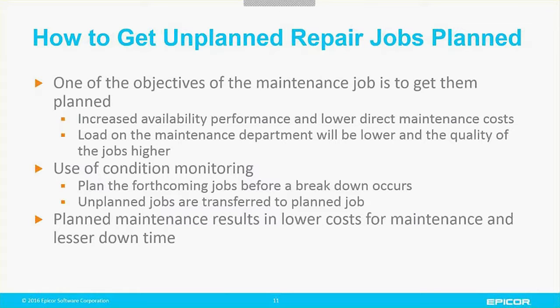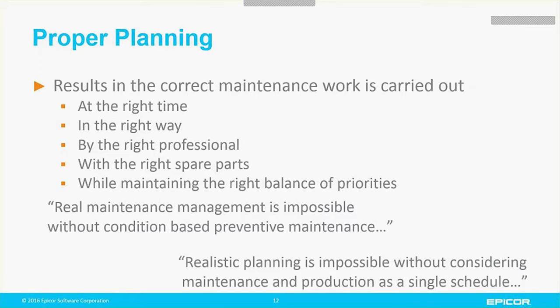Now, proper planning is all about doing it at just the right time. Not too early, not too late, not at a bad time of day. Getting it done in the right way. That means work instructions, whether they be documents, attachments, videos, or third-party people.